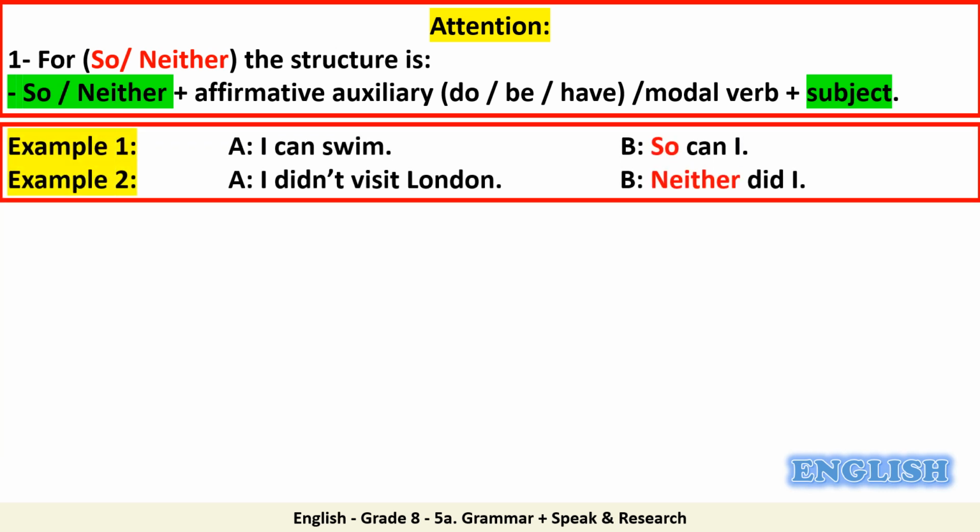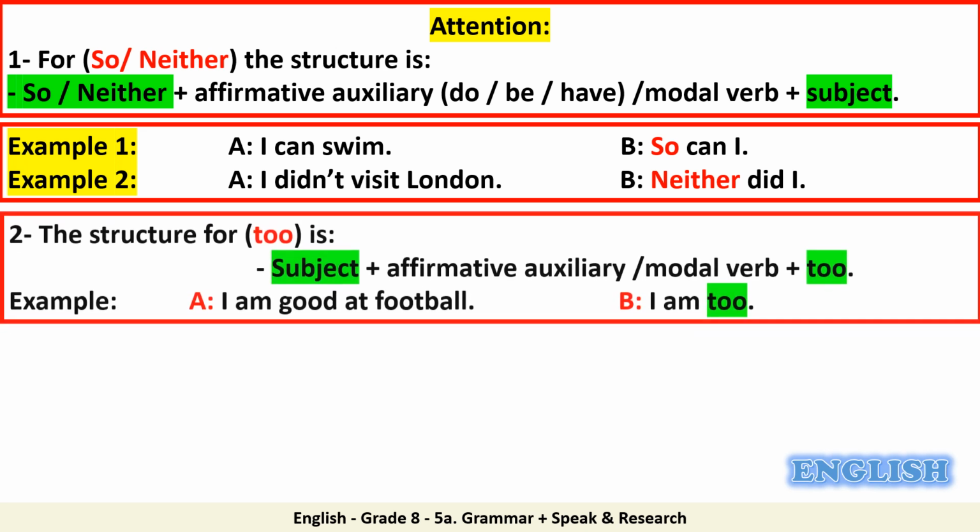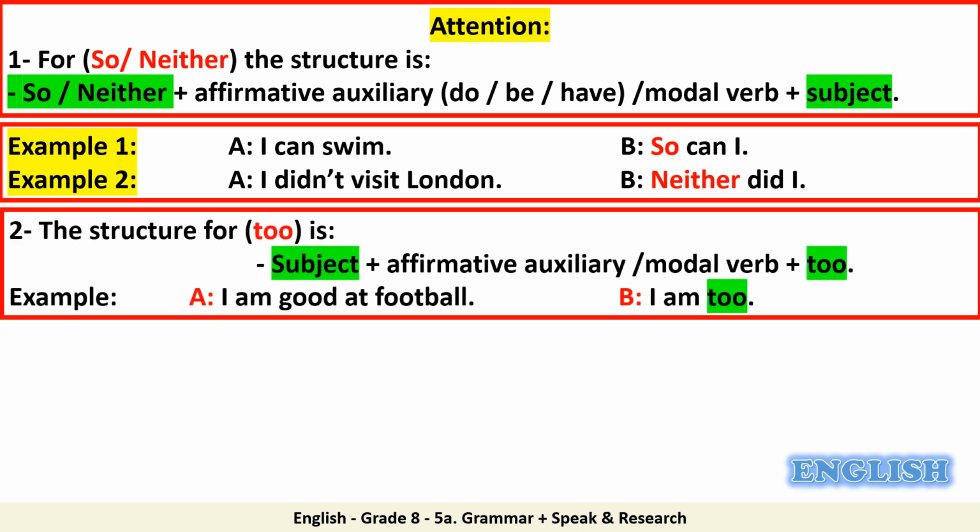A says, I can swim. B, so can I. Example number 2. A, I didn't visit London. B says, neither did I. So be careful about the position of the word, then using the auxiliary verb, affirmative, of course, then at the end, the subject.